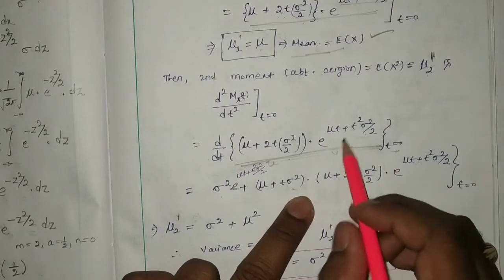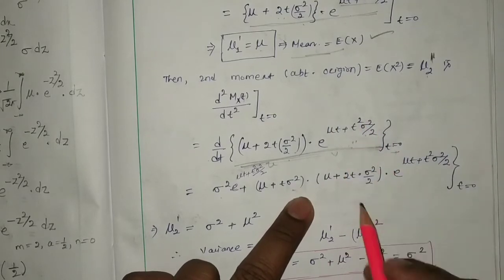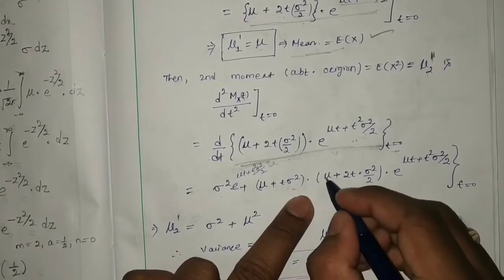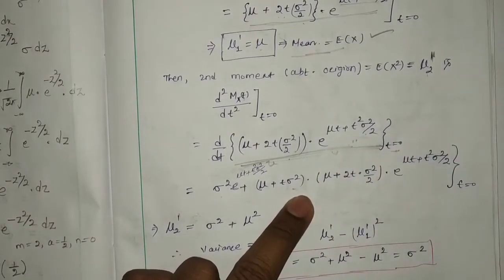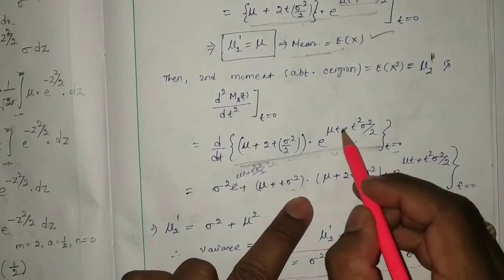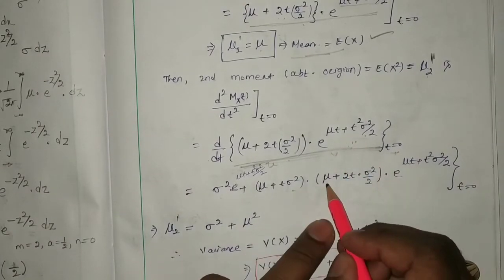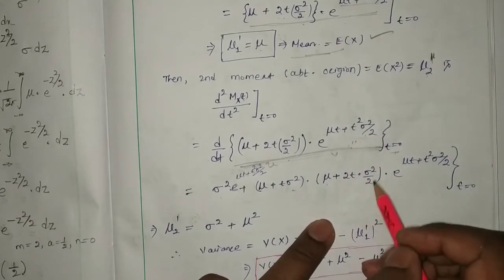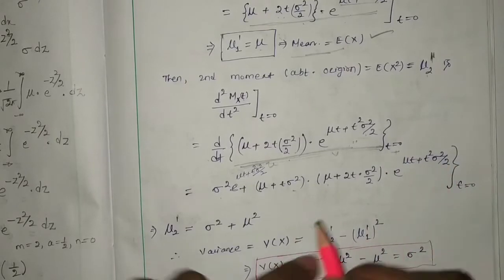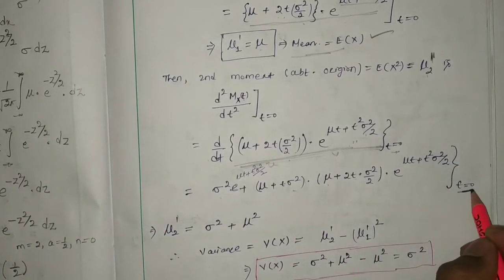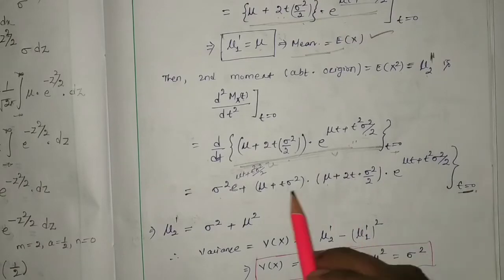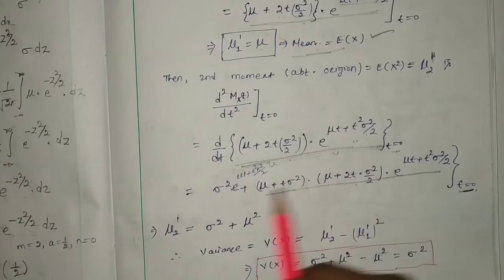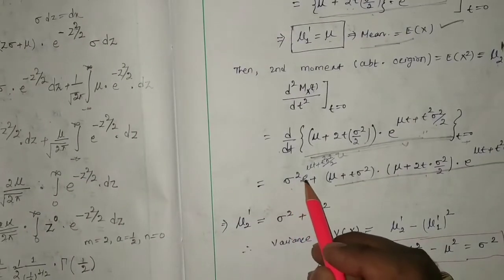So the differentiation of this one with respect to t will be how much? mu t is there, differentiation with respect to t will be mu, and this one will be 2t into sigma square by 2 into e to the power this much. Now we have to put t equal to 0. If I put t equal to 0, this term will be 0, this term will be 0, and this will be 1, but this whole term will be 0. And here you can see sigma square into e to the power 0 will be 1.